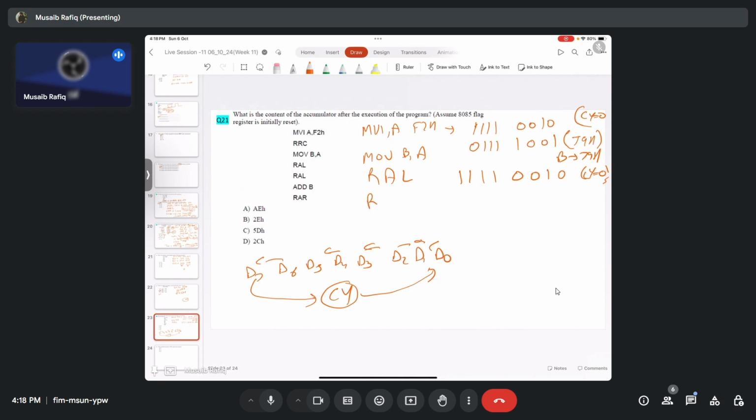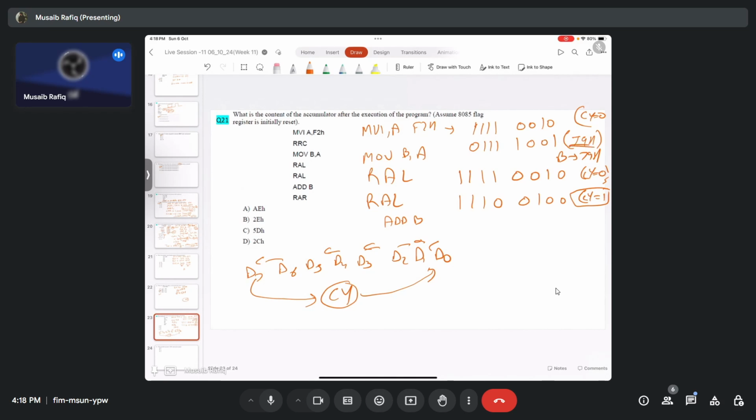Then I have again RAL. So now again left shifting, so it will be 1 1 1 0 0 1 0 0, but now carry will be equal to 1. Now I have ADD B. B was 79 here.